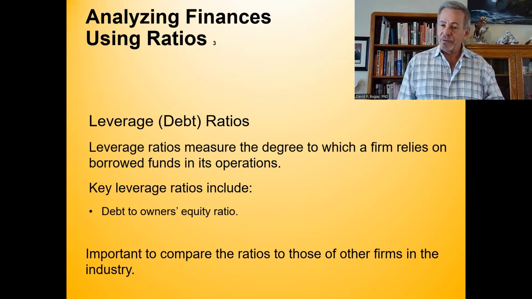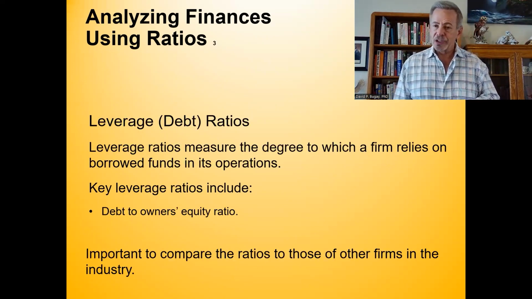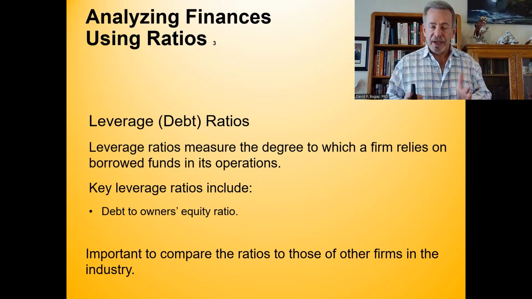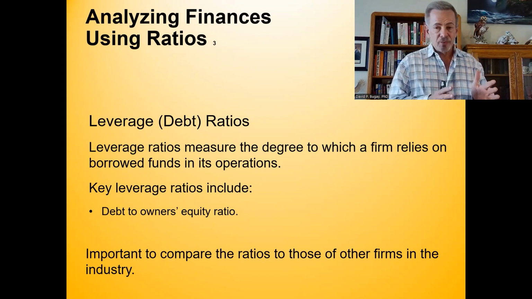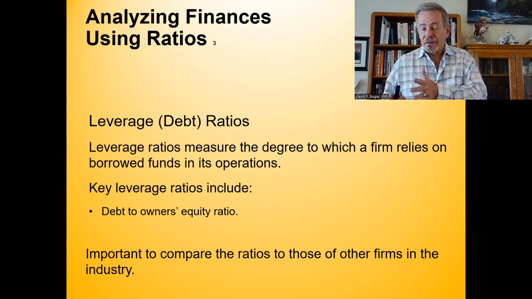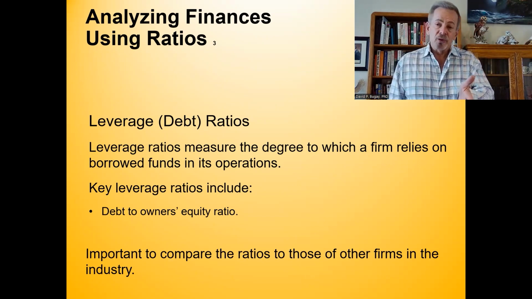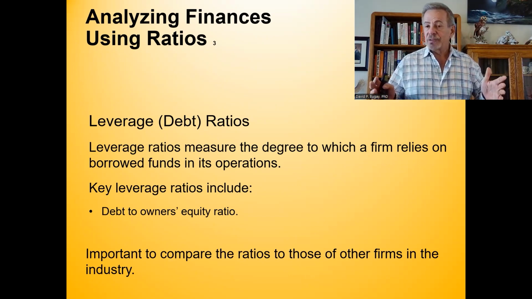When you start looking at debt ratios, when you start looking at liquidity ratios, you have to pay attention to what you're talking about. If it's a clothing manufacturer or clothing retailer, that's one thing. If it's a car dealership or a car manufacturer, it's another thing. When you look at debt, a clothing retailer will have only a fraction of the amount of debt of a car manufacturer.